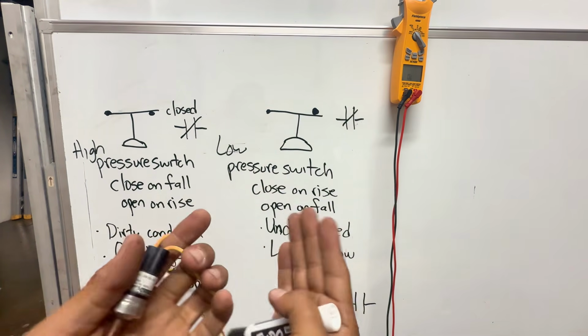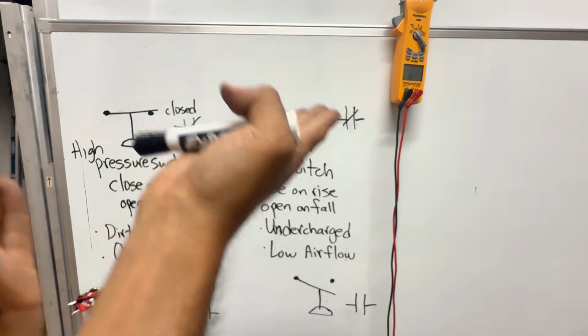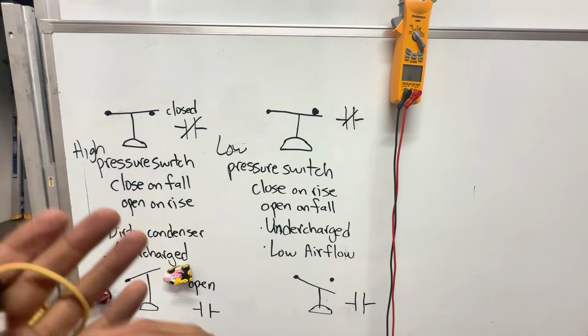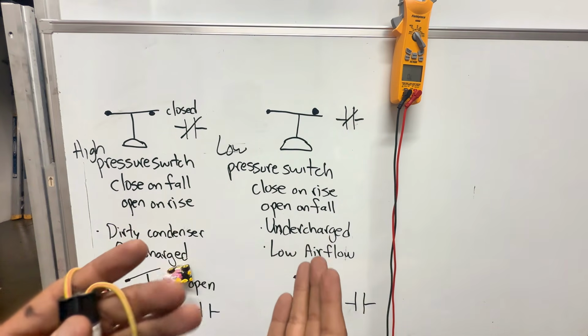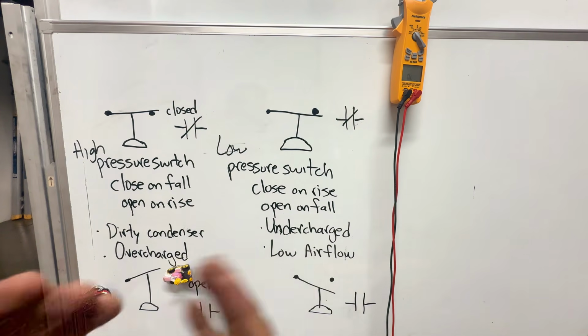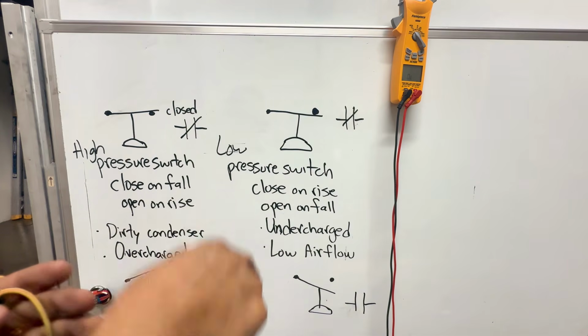It's gonna open because the pressure fell. I have no pressure, and sometimes they're at 35 PSI, 34 PSI, they're all different. But if the system's undercharged or you have low airflow, because remember what happens with no airflow or low airflow, your suction pressure drops.